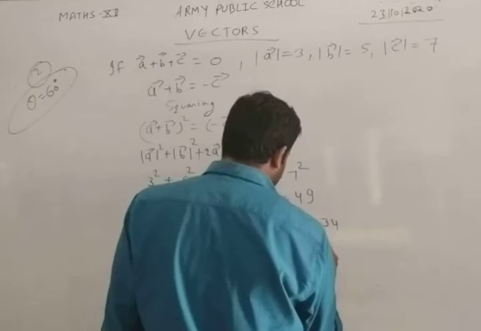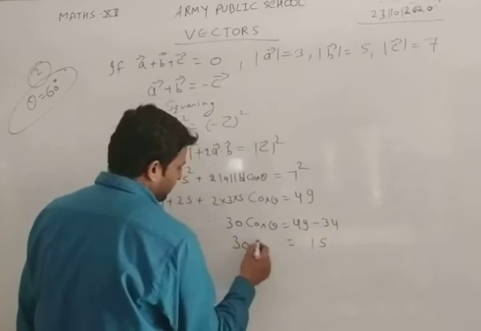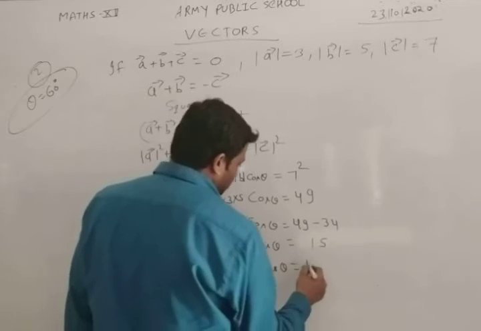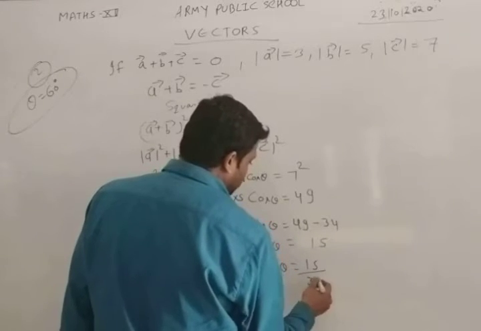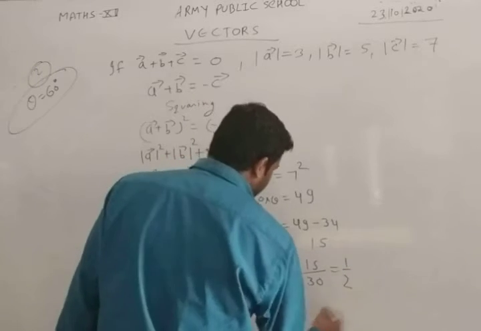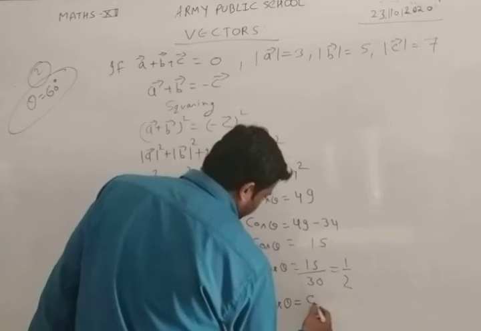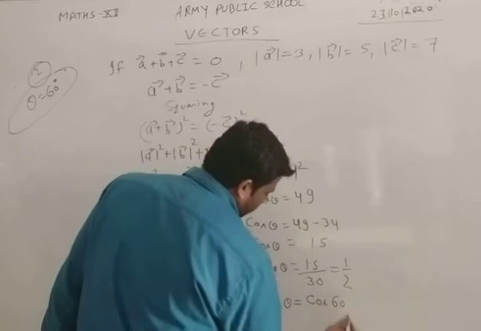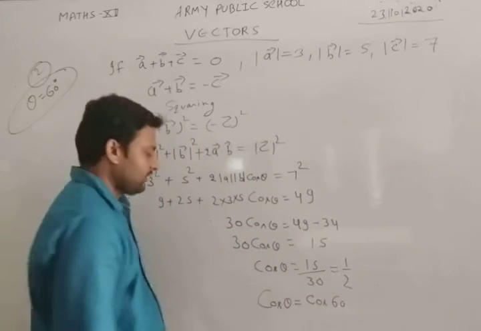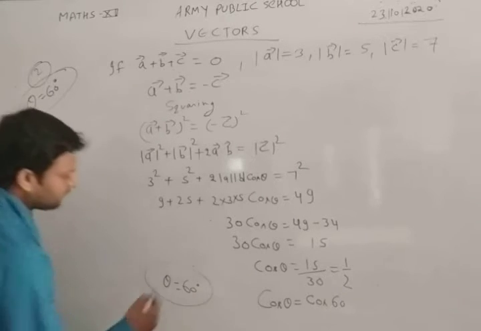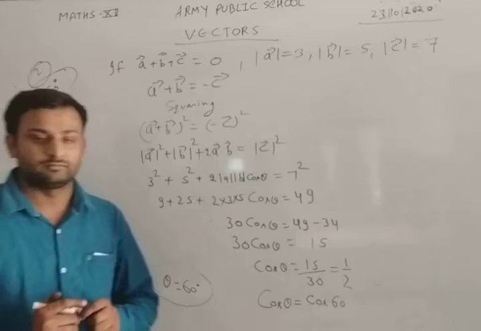So we get 15 and 30 cos theta. So cos theta will be what? 15 by 30. So we get 1 by 2. So cos theta is equal to cos 60. Okay. So theta will be what? 60 degree.